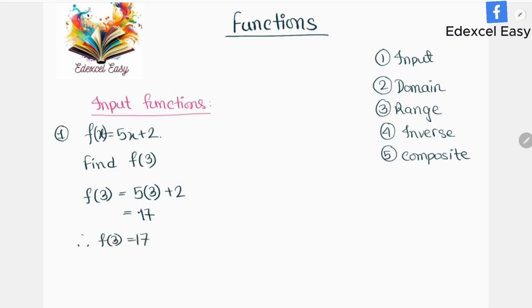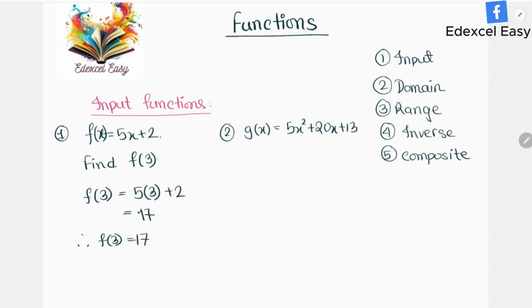This was just the input function, where you just have to input the values of x into the equation. Let's do another example. For example, g(x) equals 5x squared plus 20x plus 13. Any equation can be used as an example for input function, because you're only inputting the value of x into the equation. It could be linear, quadratic, cubic, fraction, anything.